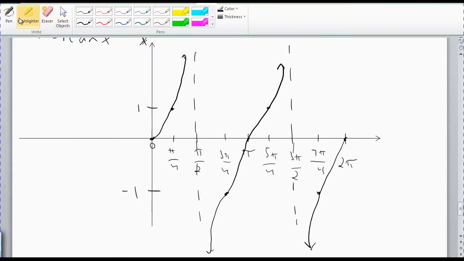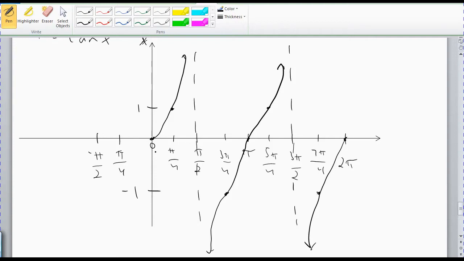Now normally when we graph tangent, we'll actually go to negative pi halves, which means I'm going to use pi fourths. So normally we just graph negative pi halves to pi halves, because that's actually one cycle, or one period I should say.